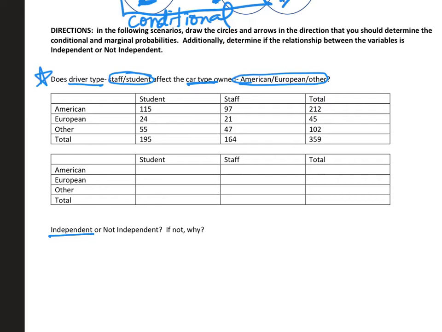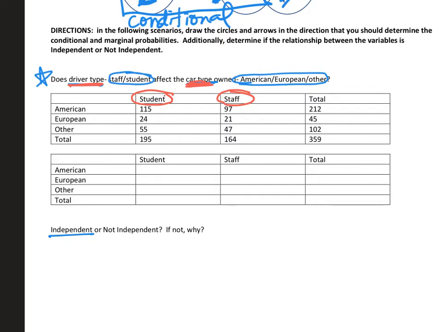First question: what seems to be the driving force? Would you say the type of driver would be explaining the car type, or would you say car type explains the type of driver? Well, I hope you can see that the type of driver is going to be the explanatory variable.